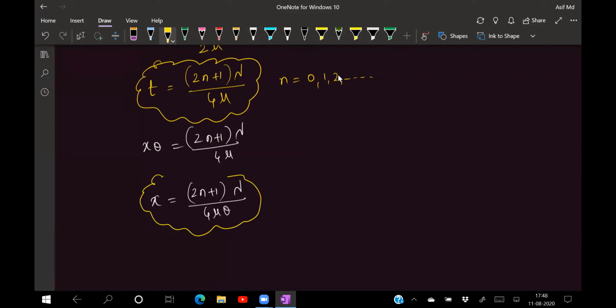So this is the value of x. x is nothing but what, beta? The distance of the (n plus 1)th bright fringe from O.